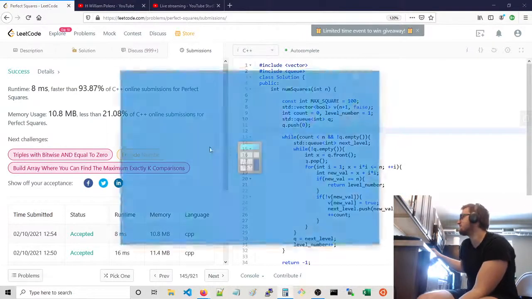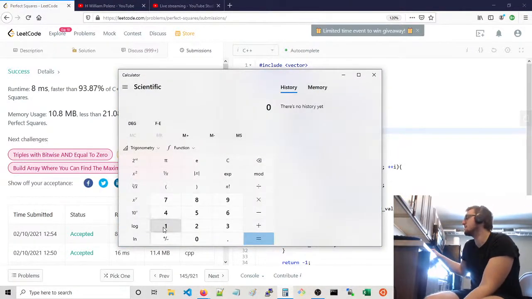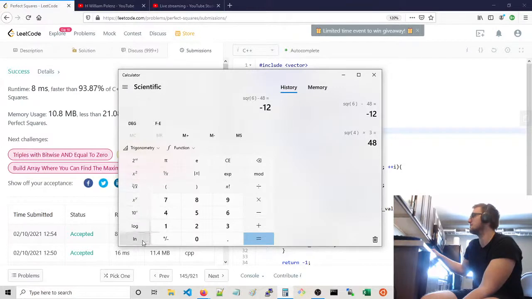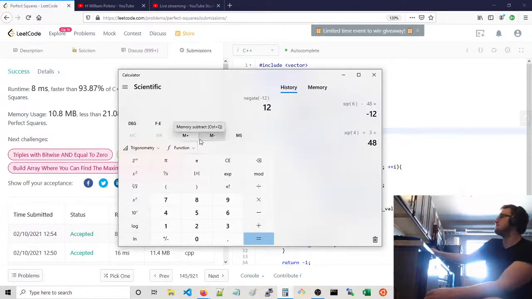So, because if you have something like, let's see, we said 4 squared times 3, right? So 48. Okay. So there's a 6 squared that fits, right? 48 minus 36 gives you 12, right?